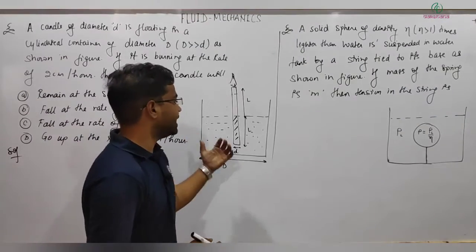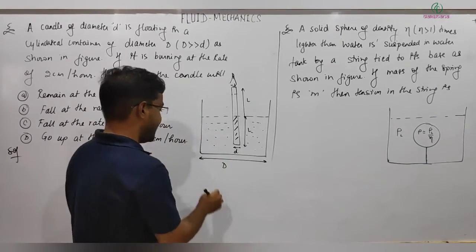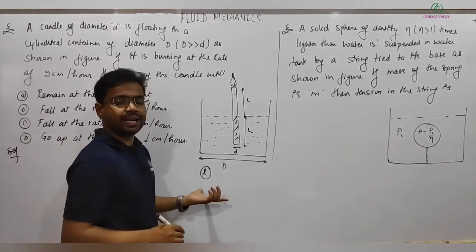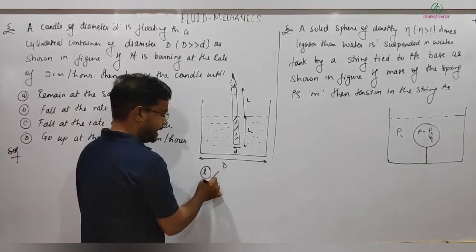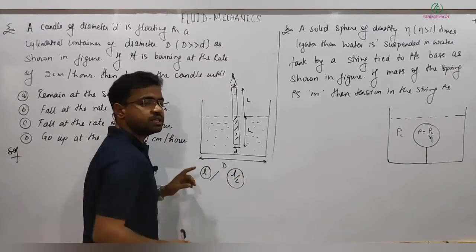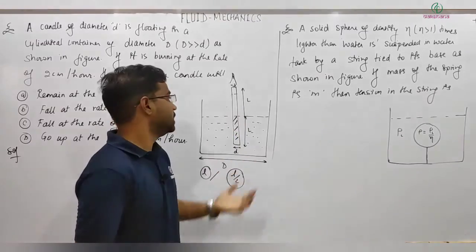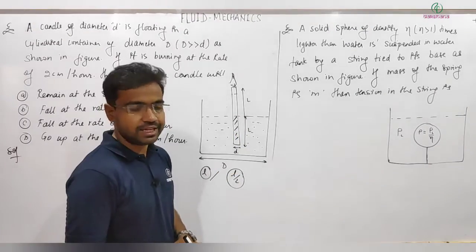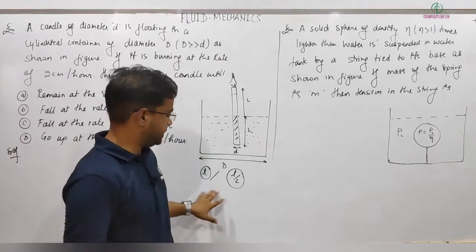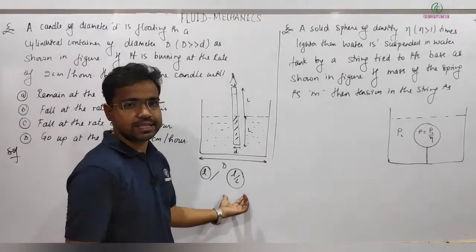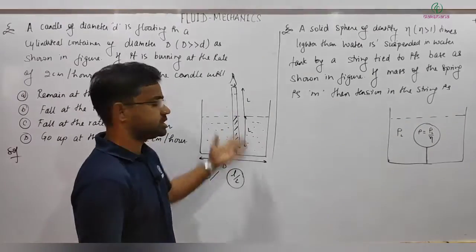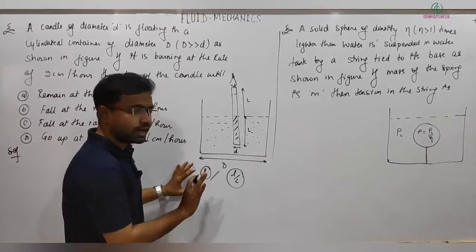So if L is the length of the candle at any moment of time, then L by 2 must be submerged in the liquid to balance its weight so that it's not sinking. Clear? It cannot be less than this, and it cannot be greater than this, because it's in equilibrium.